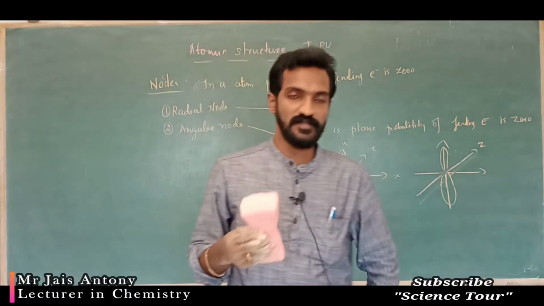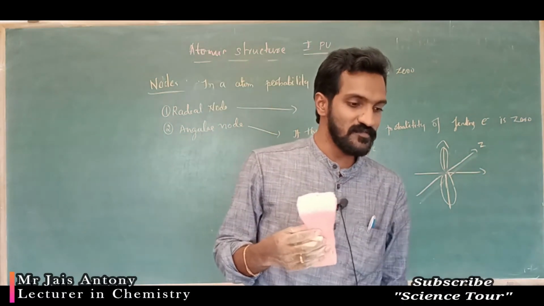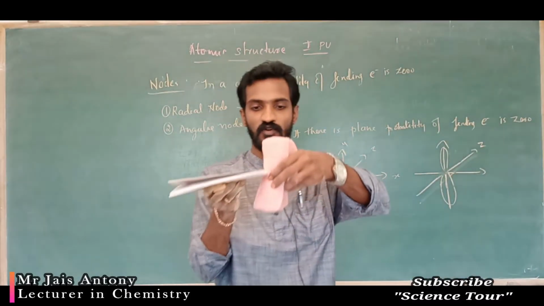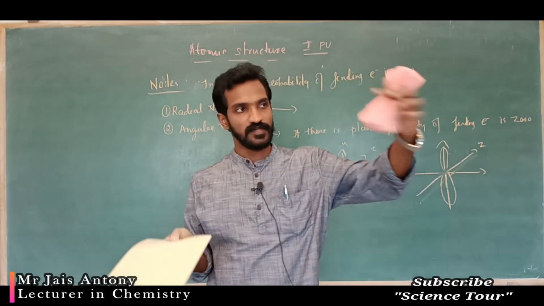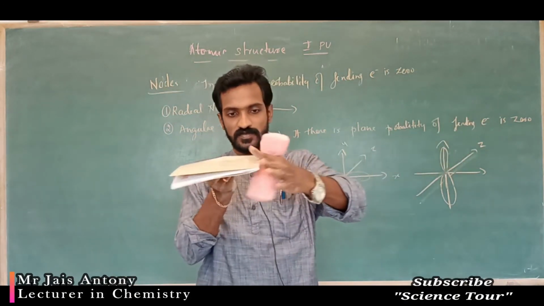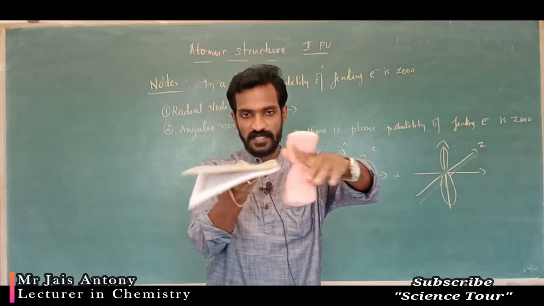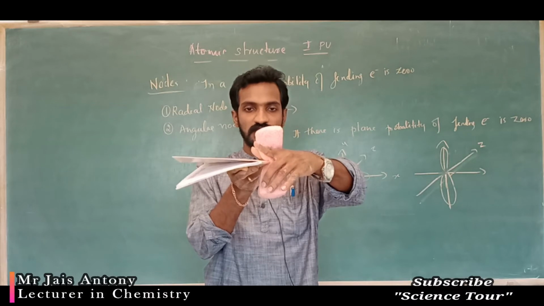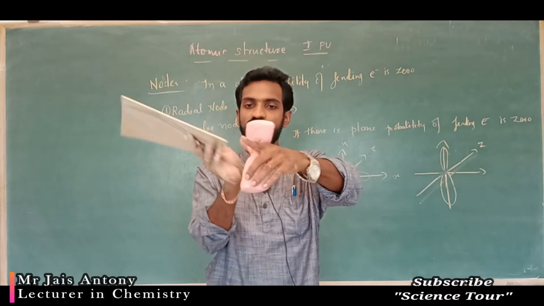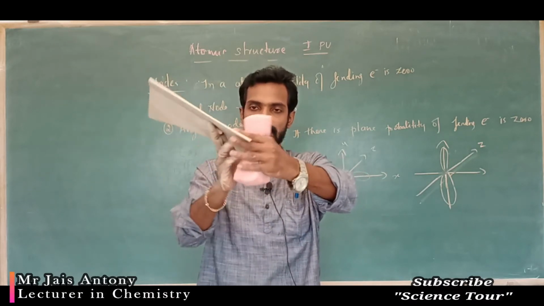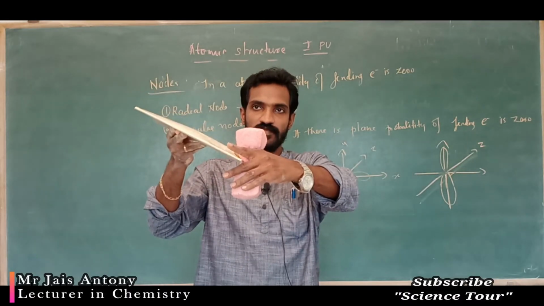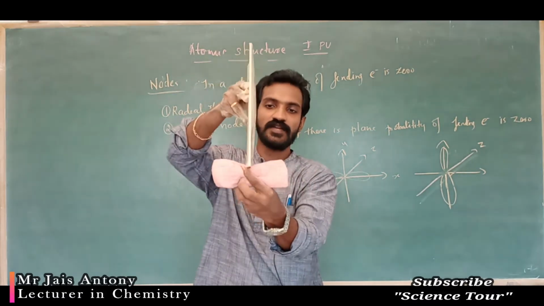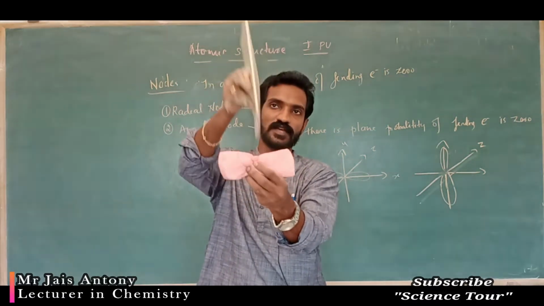One minute, I will show you, don't worry. A plane means it can divide this particular lobe, imagine this is actually a lobe. So here I can pass one plane like this, correct? It gives 2 equal halves. And this is the x axis, or one more, this type of z axis, like this also I can separate, correct?